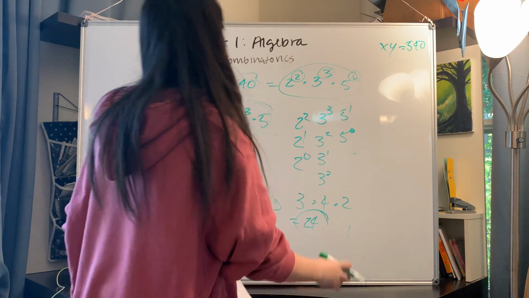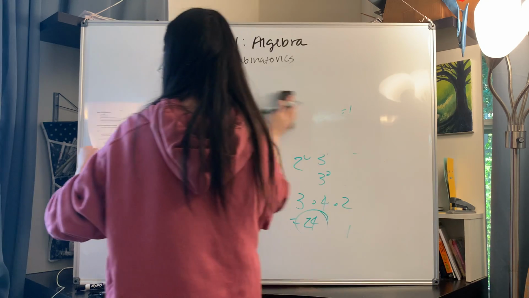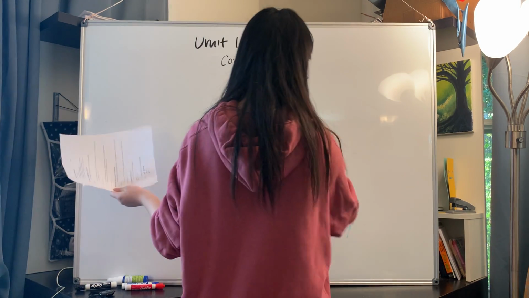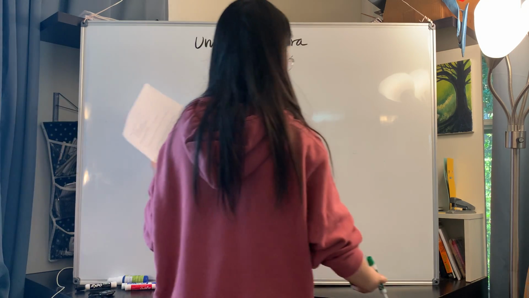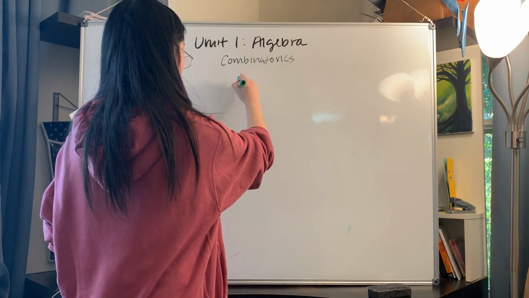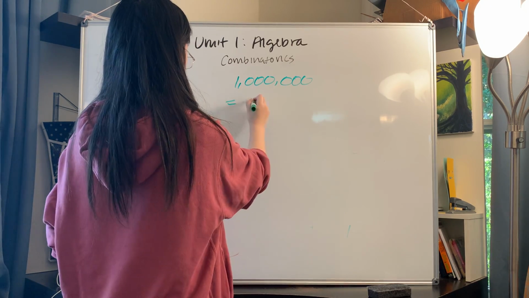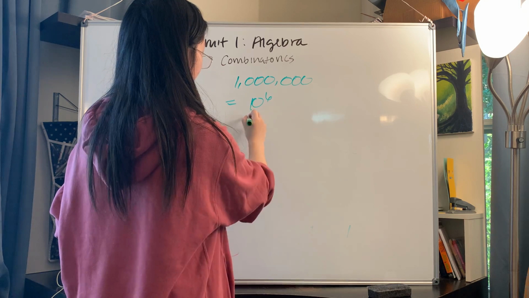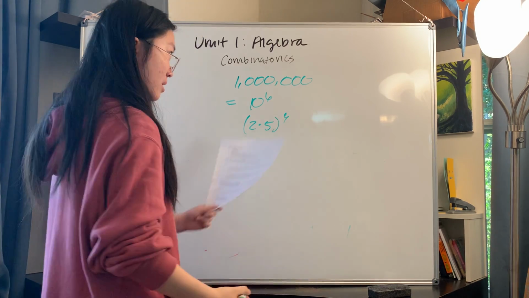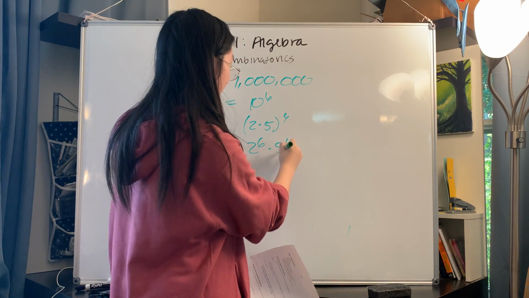I will try to re-explain this with our second problem. This is problem 7. How many divisors does 1 million have? As usual, we are going to completely prime factorize it first. 1 million is equal to 10 to the 6th power, and 10 is equal to 2 times 5, so its complete prime factorization is 2 to the 6 times 5 to the 6.